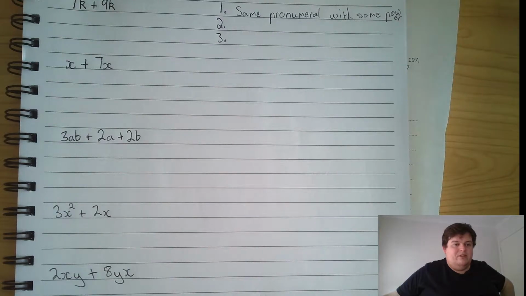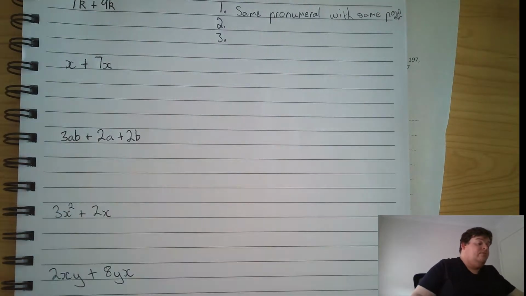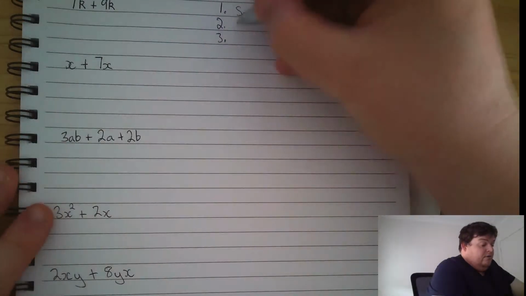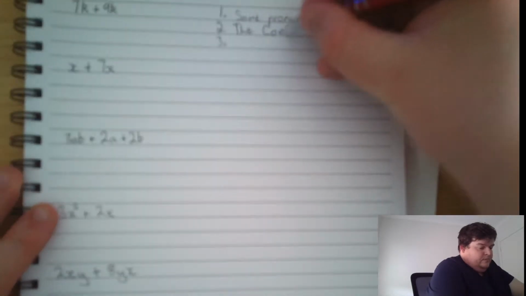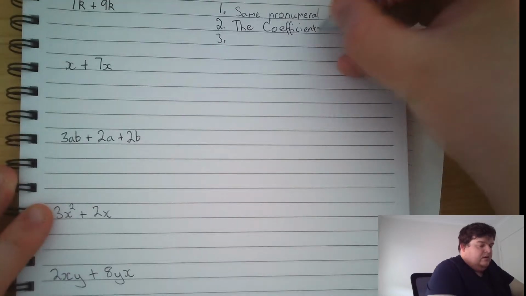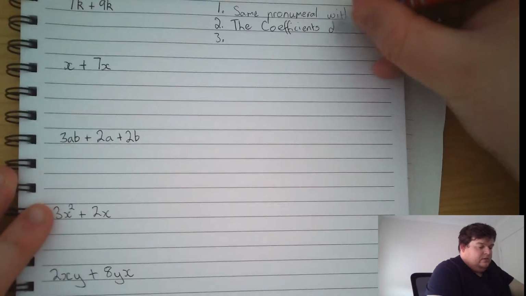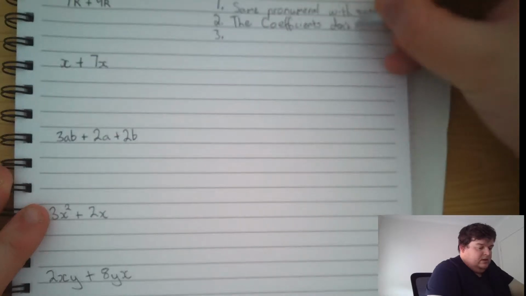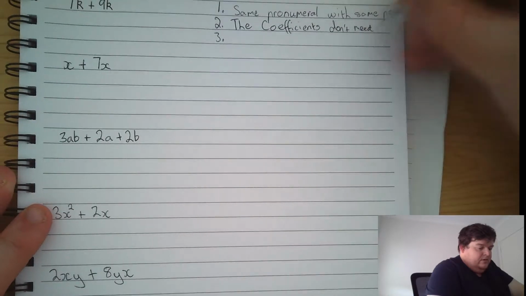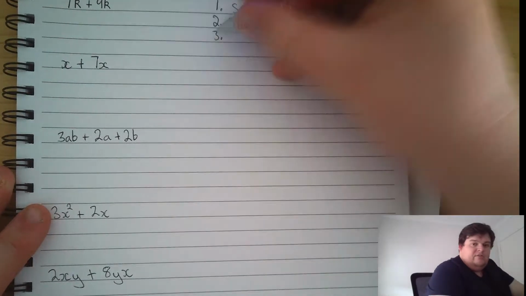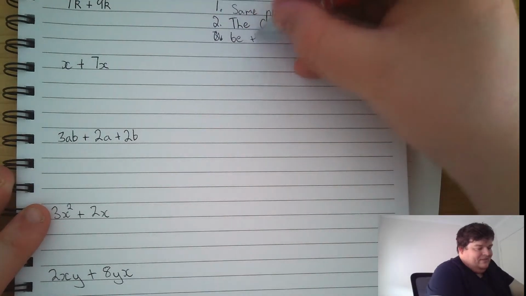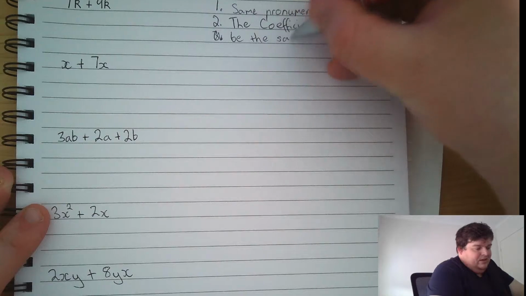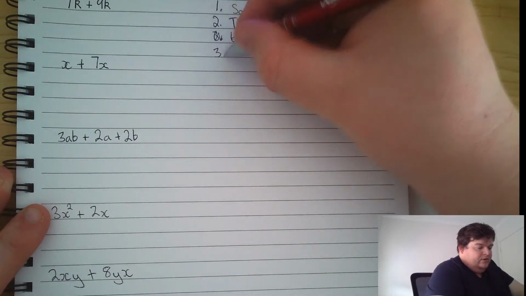Same pronumeral, same power. Rule number 2 is the coefficients don't need to be the same. You know what, I'm just going to scribble that one out. Don't need to be the same. Alright? So the coefficients can be any value you want.